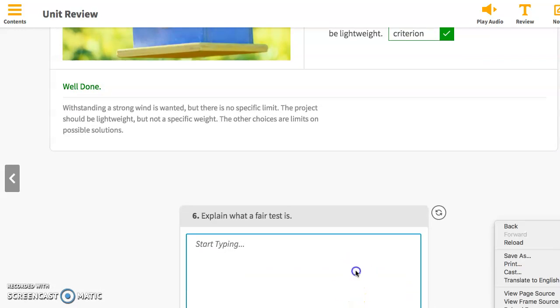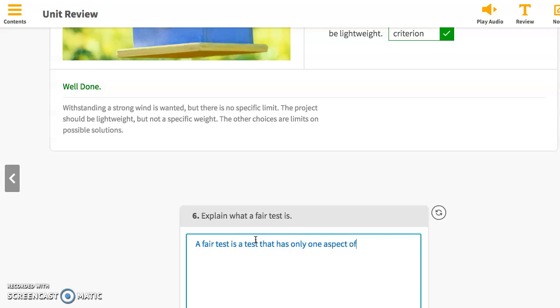Explain what a fair test is. A fair test is a test that has only one aspect of the test being shown. That means that the whole test is done in a fair way.